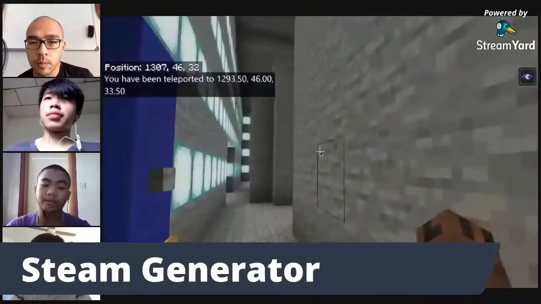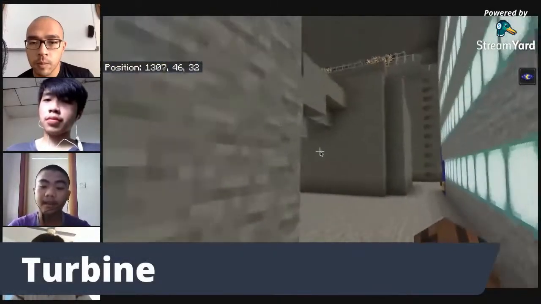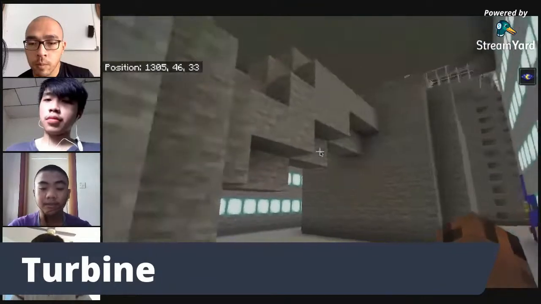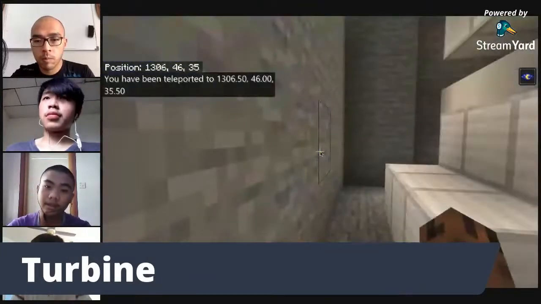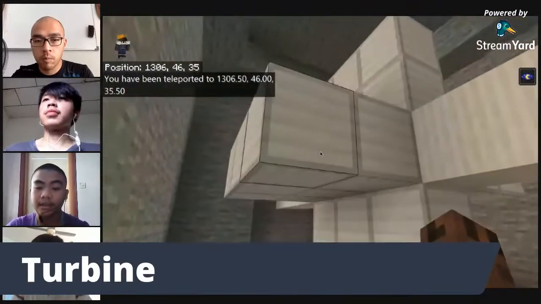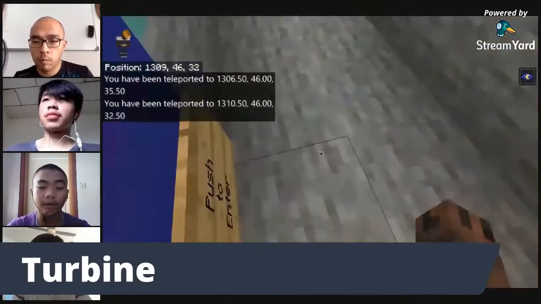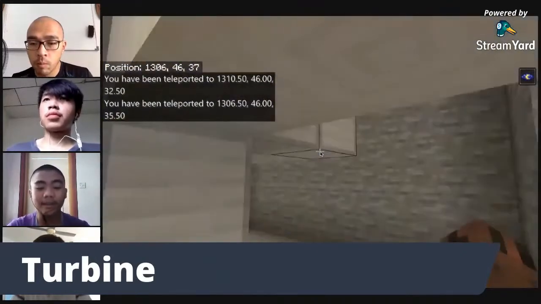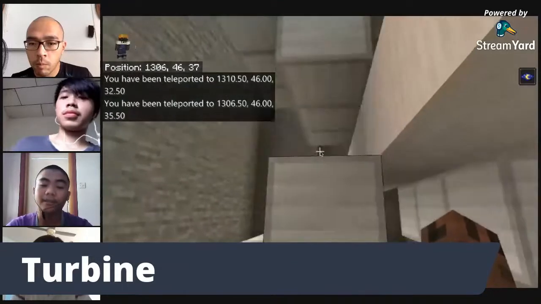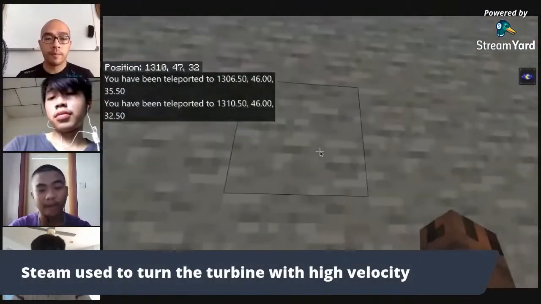This is the turbine. Remember previously that the steam possesses high energy. Steam is used to drive the turbine, so the turbine will turn at a high velocity. This is what we thought the turbine might look like if it were built inside Minecraft. Obviously, we cannot copy it entirely like in real life, but as long as it serves its purpose to turn, then it's fine.